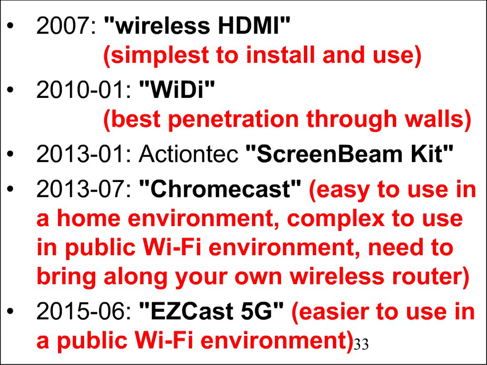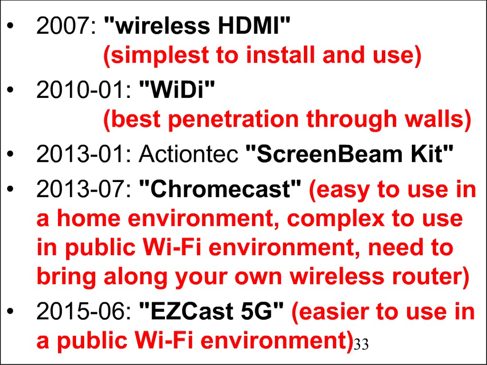So it's not quite as good as WiDi, but it's easy to use in a home environment because most people already have it inside the chipsets of their computers and their TVs. It's almost impossible to use in a public environment, and I'll explain that to you in a little while, because you have to bring along your own wireless router to make it work.